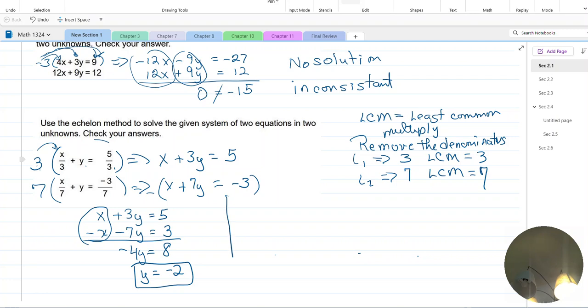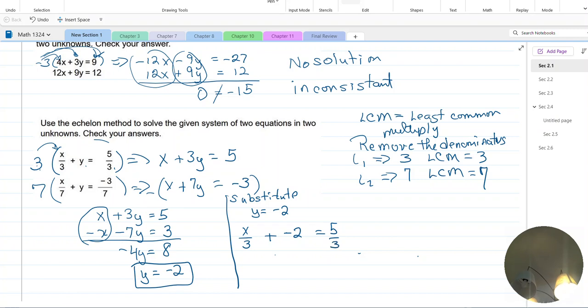Now I'll figure out what the x is by substituting. And I'll use the first one.